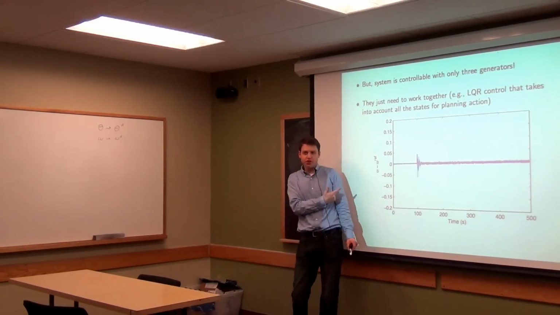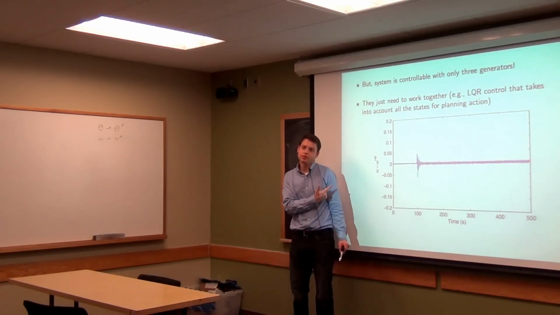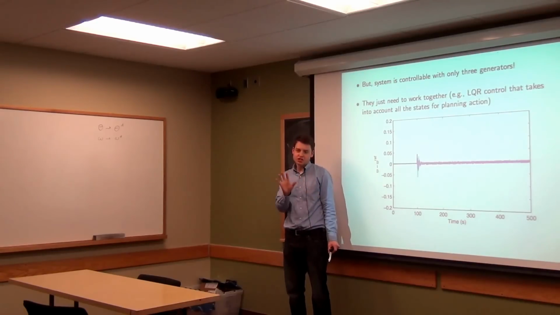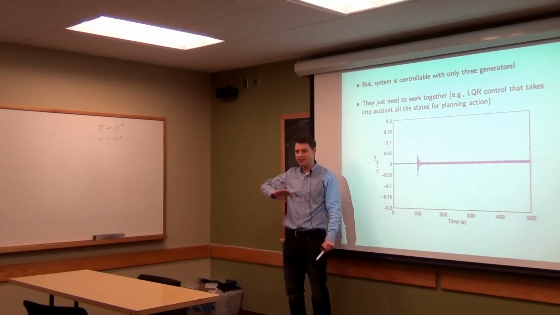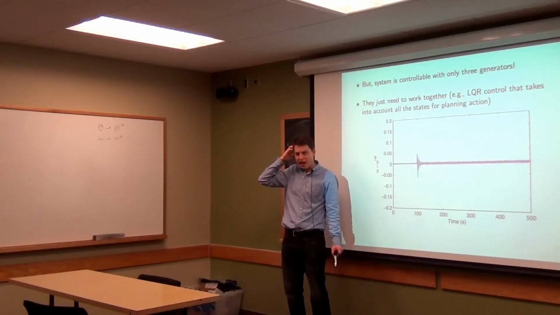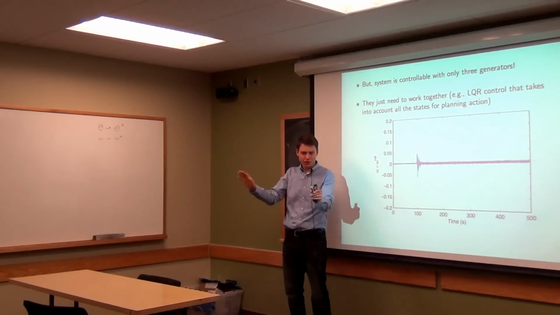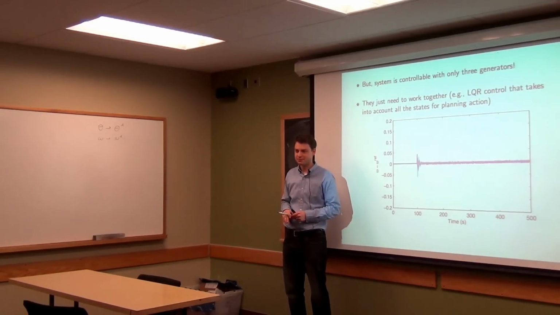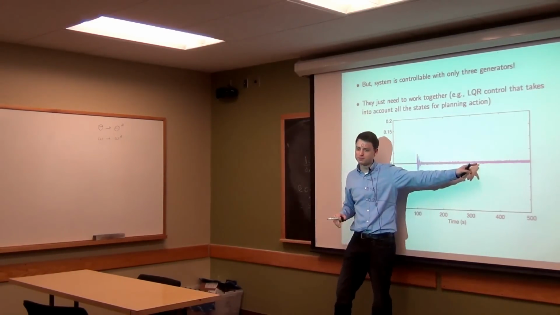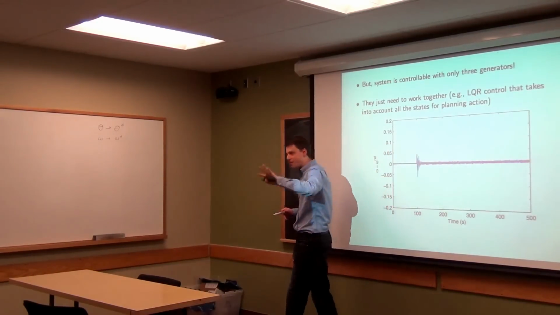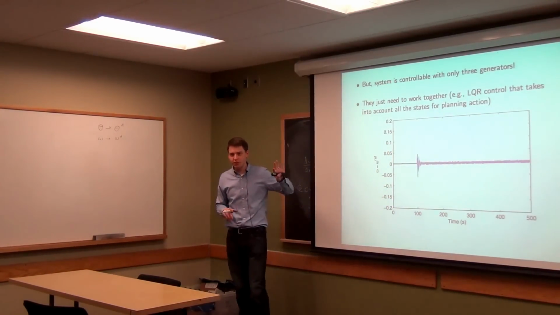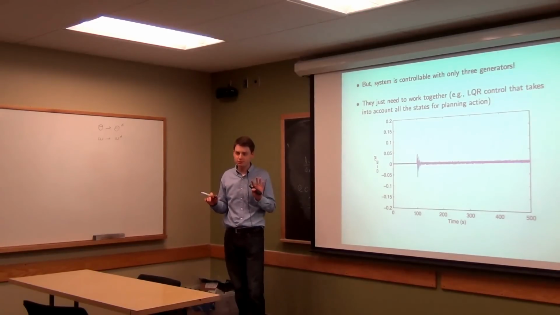The problem is to do this, they have to coordinate. They can't just say, I'm going to do whatever is best for me and ignore everyone else. They have to actually coordinate and say, OK, I'm going to do what's good for me, but also what's good for the whole grid as a whole. That keeps everyone at the desired amount. This is a simple contrast here, but this is actually a very important topic in grid security, right?